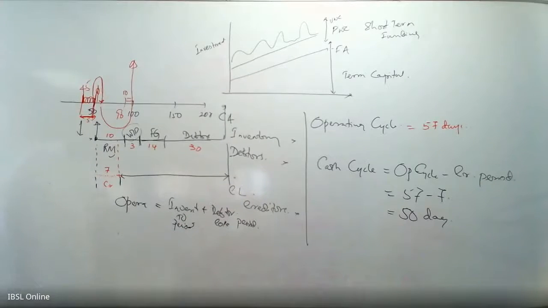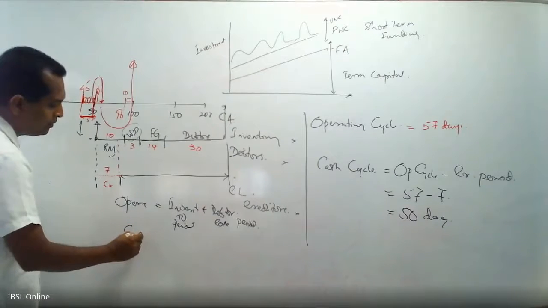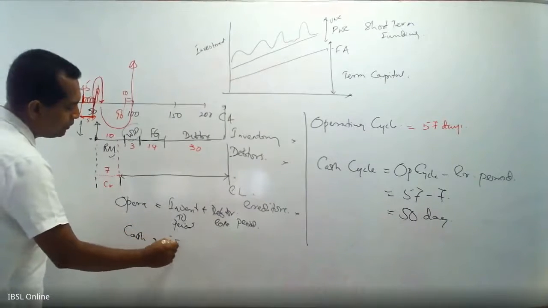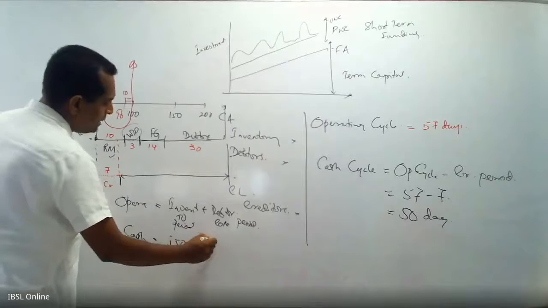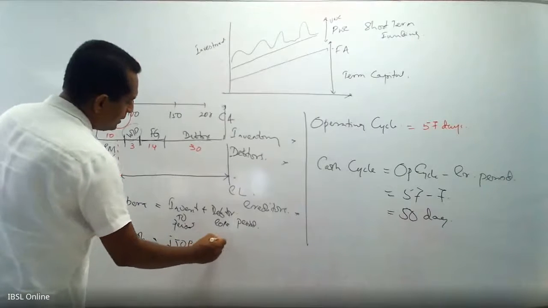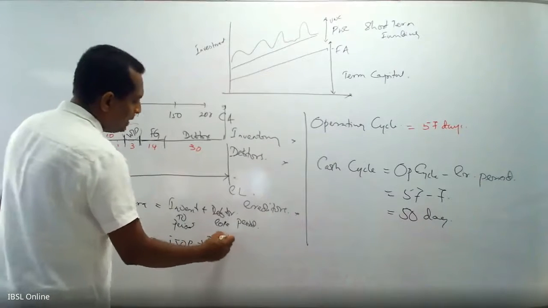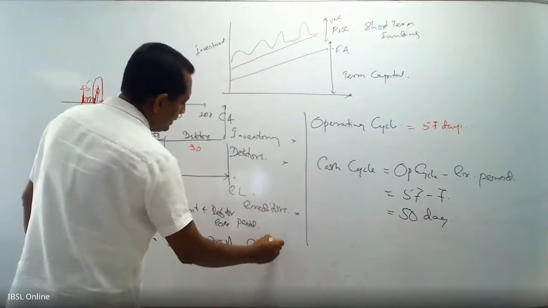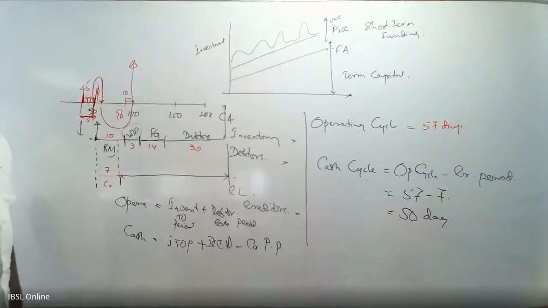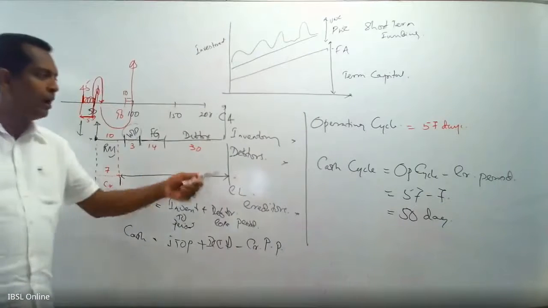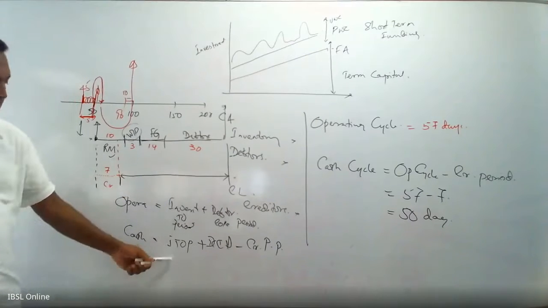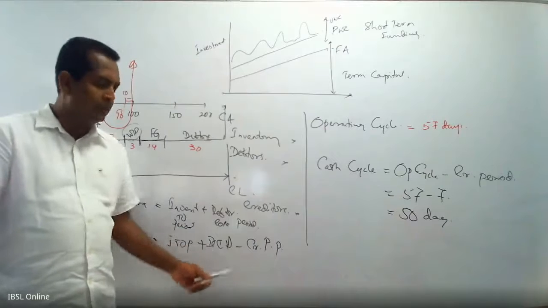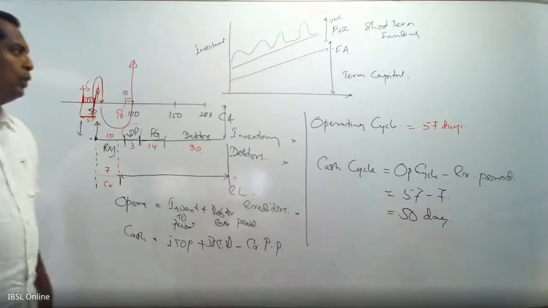Cash cycle equals inventory turnover period plus debtor collection period minus creditor payment period, right? So how we calculate this is from the balance sheet, you find out these three items and do.